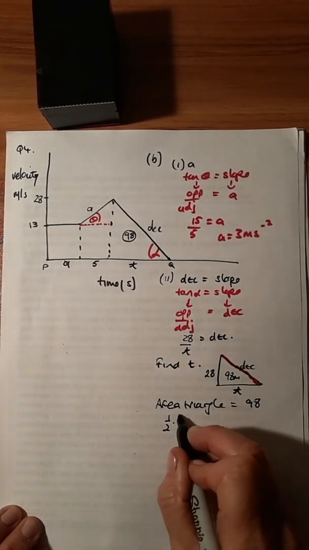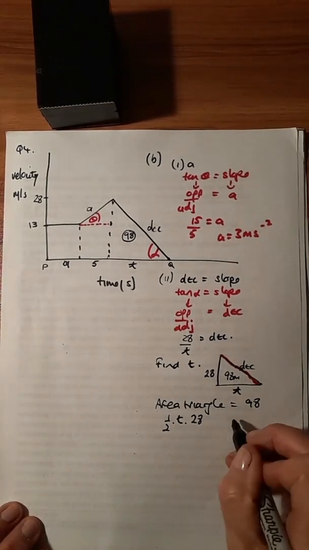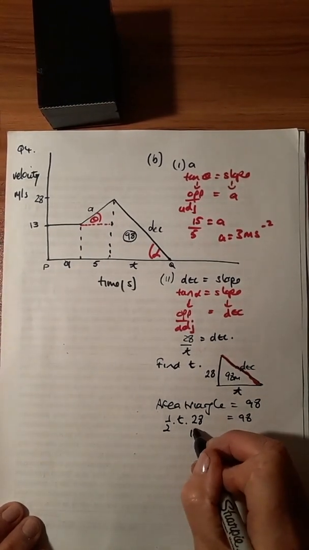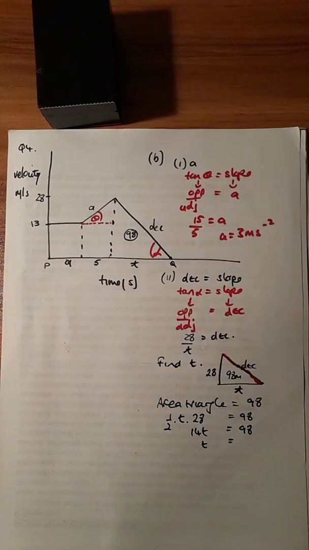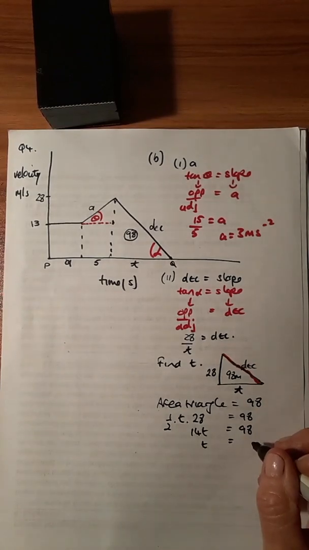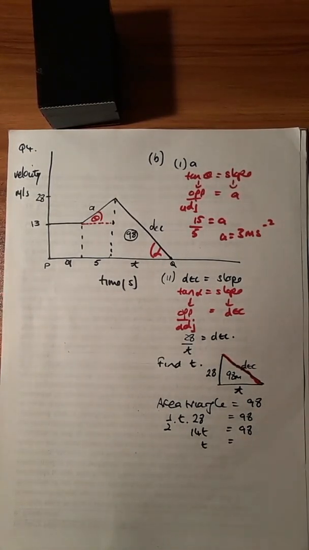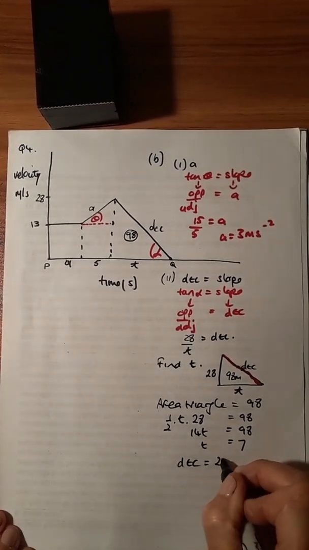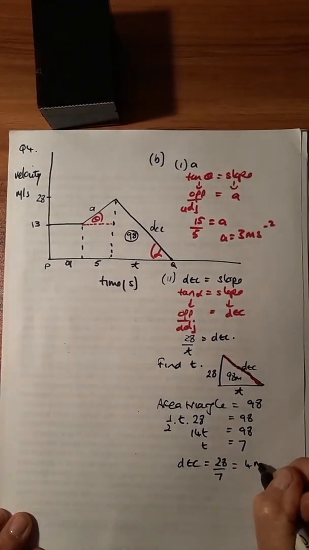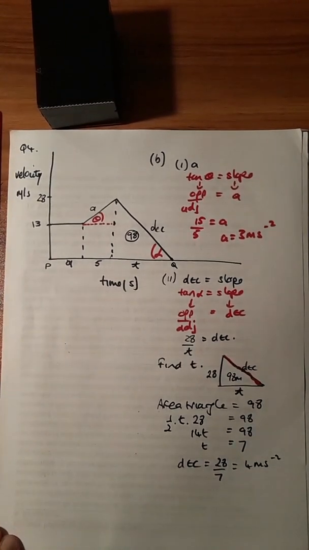Half the base, which is T, by the perpendicular height, 28, equals 98. So 14T is equal to 98. 98 divided by 14 will go in 7 times. So T is 7. That means my deceleration is 28 over 7, which is 4 meters per second squared. Right, second part of the question done.